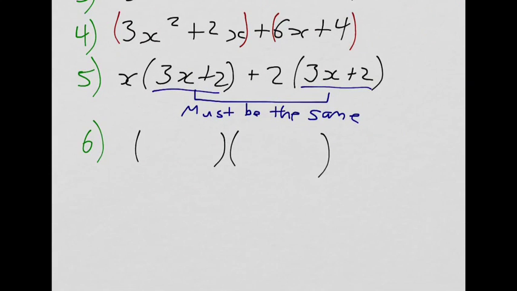One of your factors will be what's inside of these brackets. Again, they both have to be the same, and if they are the same, that is your factor. So that becomes 3x plus 2 as one of my factors. The other factor is the coefficients of those terms: x plus 2.